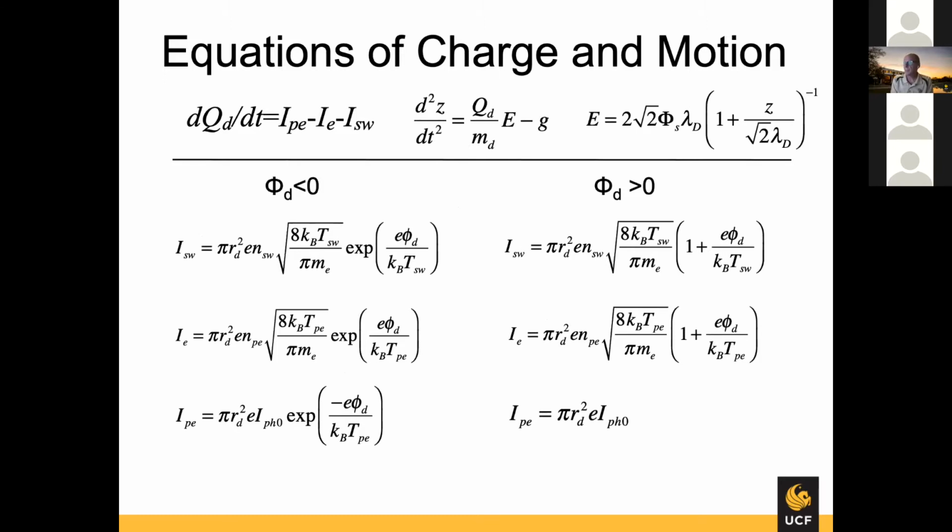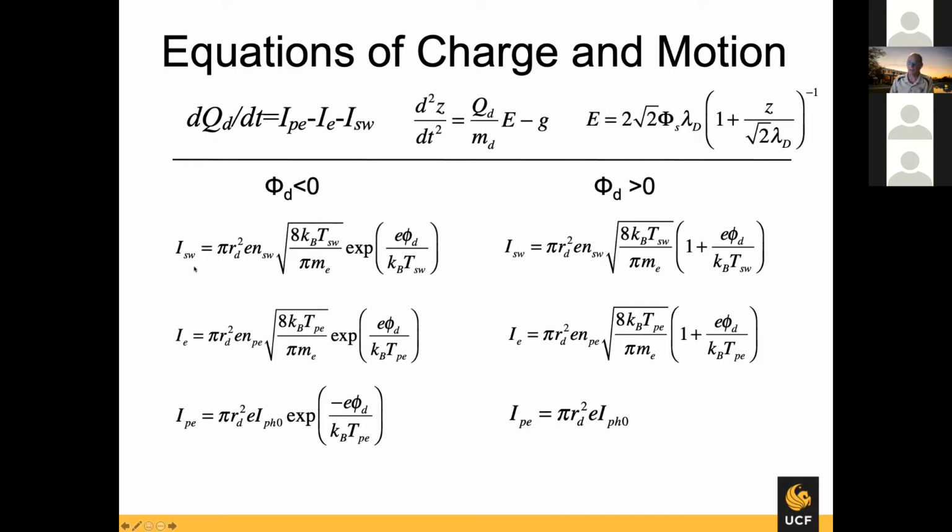So these are the equation of motion in the top center, the electric field as a function of the surface potential, phi sub s, the charging equation for the dust particle, and then in the bottom part here, just the 3 different currents to the dust particle, depending on what the potential of the dust particle is, whether it's positive or negative.